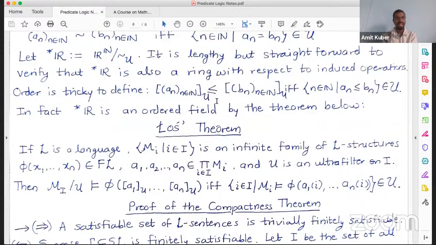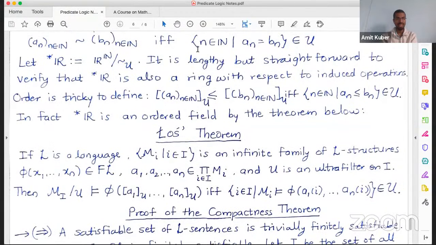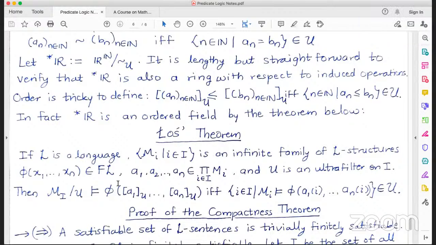This order is defined in a similar manner to the equivalence relation: the class of the sequence an is less than or equal to the class of bn if the set of indices on which an is less than or equal to bn is a large subset of natural numbers. Yes, Ramakrishnan? This large thing has some faint resemblance to the almost everywhere property in measure theory.